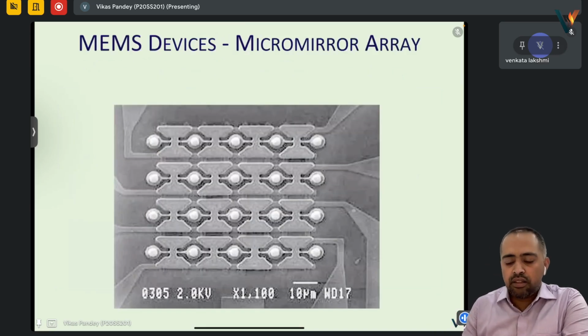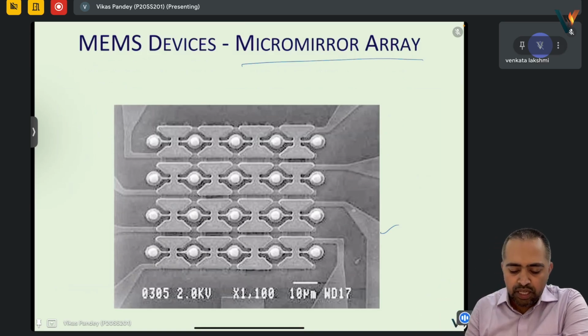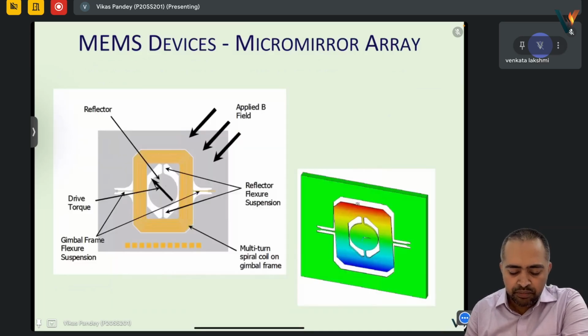Like there is a micro mirror array, an array of different small mirrors. It has a reflector built in, so field and different kinds of structure. So that is an electromagnetic mirror that is made.